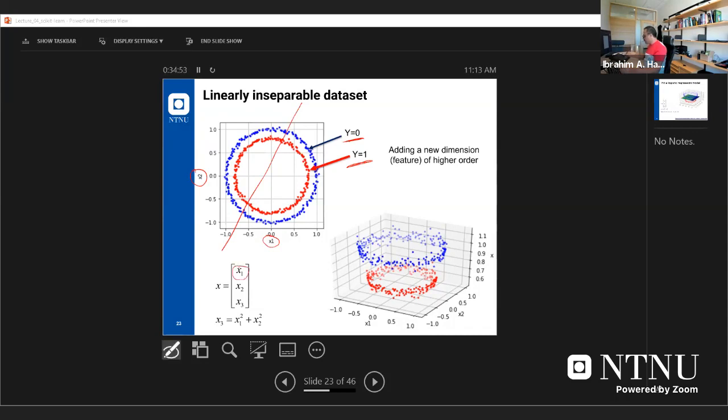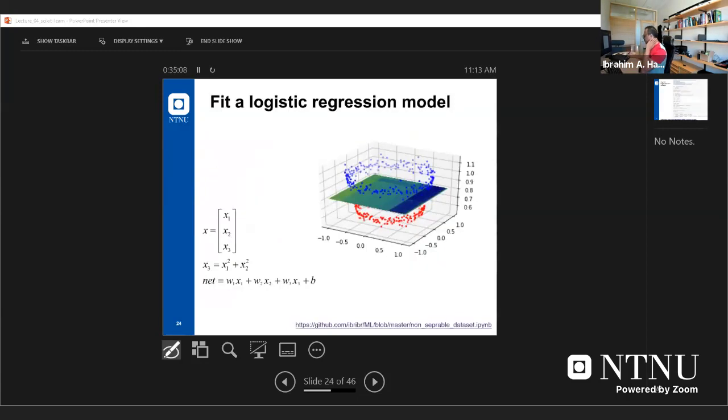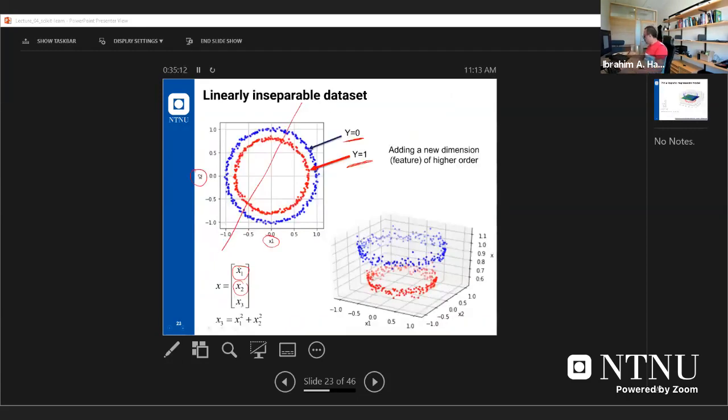We just need to add higher order features. Imagine we add x1 squared plus x2 squared. Or you can add x1 squared and x2 squared, so you add 2 features. But we assume that we will add here x1 squared plus x2 squared. So we added these higher order features.